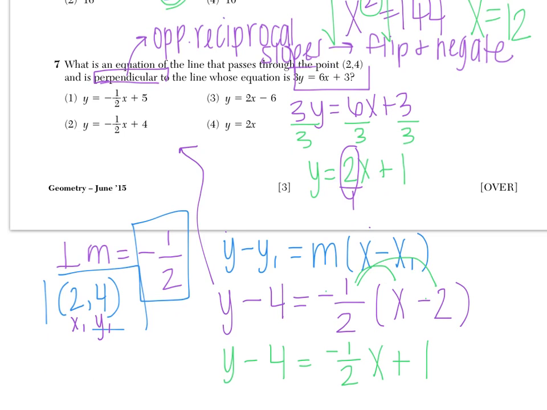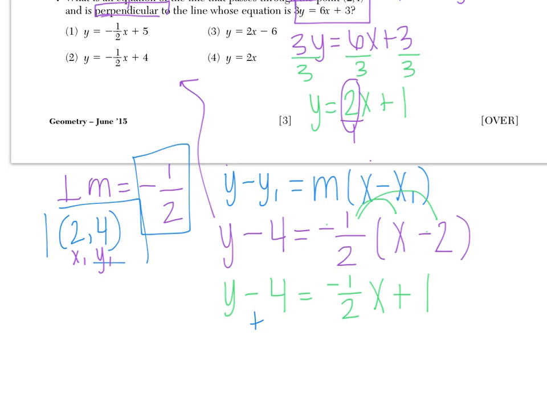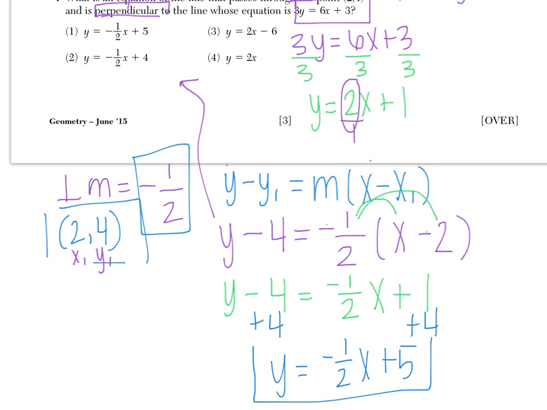And then my last and final step is to add the 4. So now we have y equals negative 1/2 x plus 5. Now this equation matches up with choice 1.